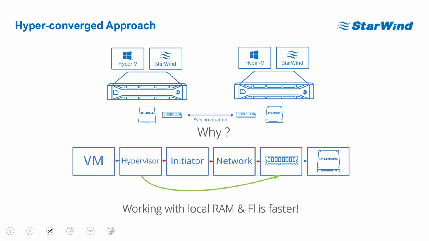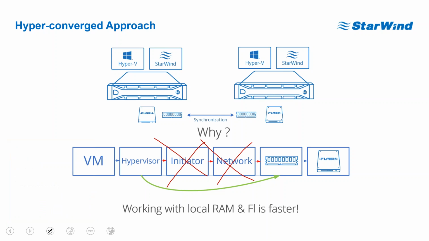So in the middle, we've got a network link which is naturally slow, and it increases our latency. And latency is one of the things we want to kill in a hyperconverged appliance world. So we want to get rid of these two layers. No network involved, no initiator involved, no extra transactions.